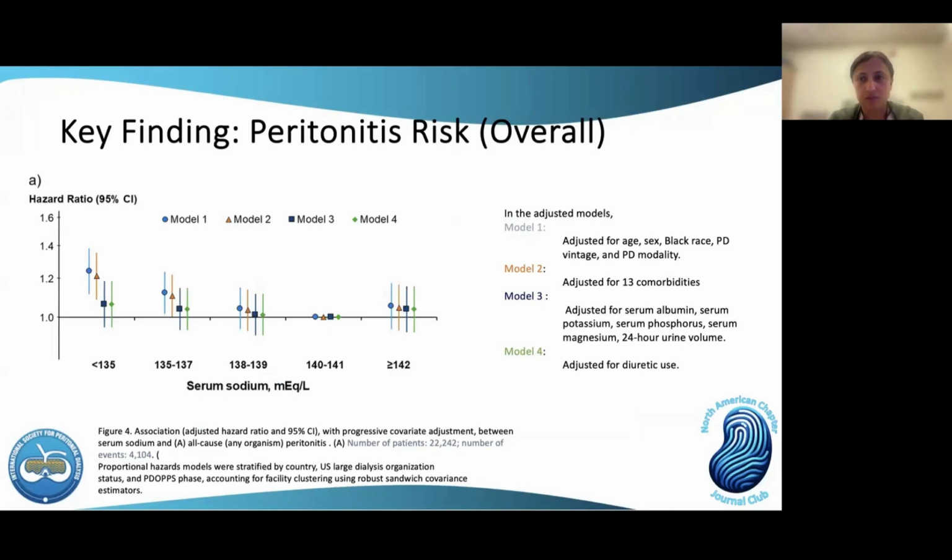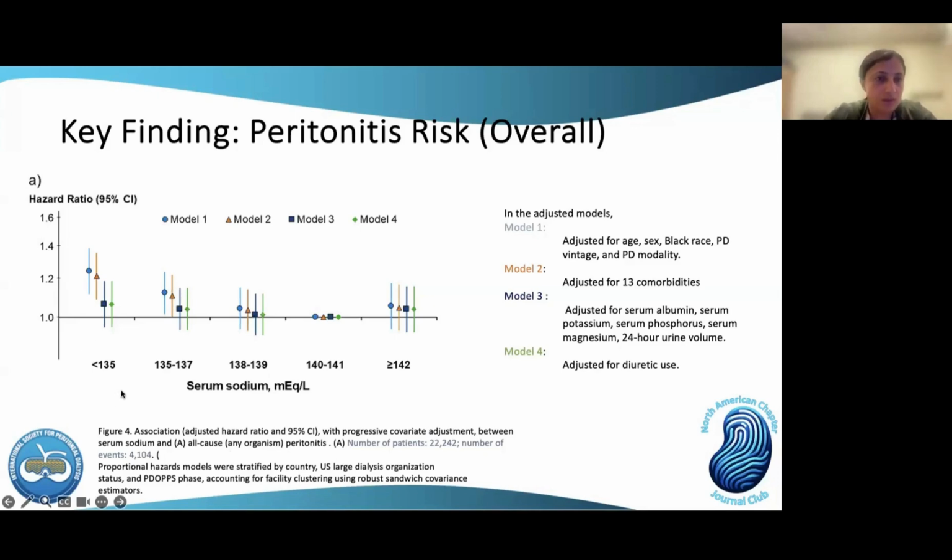Model 1 is adjusted for age, sex, Black race, PD vintage and PD modality. Model 2, which is the orange arrow, is adjusted for 13 comorbidities. Model 3 is adjusted for serum albumin, serum potassium, phosphorus, magnesium, 24-hour urine volume, and Model 4 is adjusted for diuretics use. So this figure shows that we can go one by one.